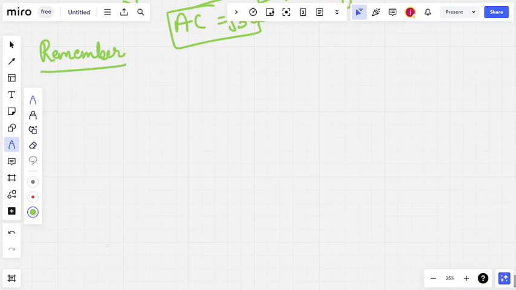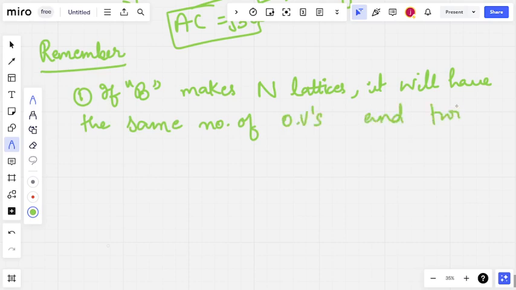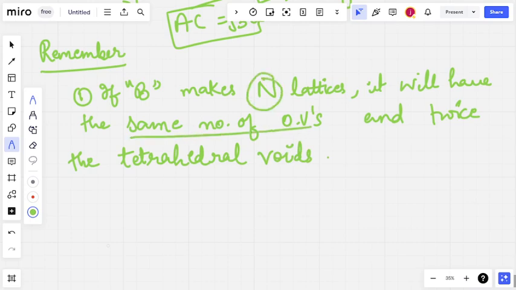If B makes n lattices, it will have the same number of octahedral voids and twice the tetrahedral voids.